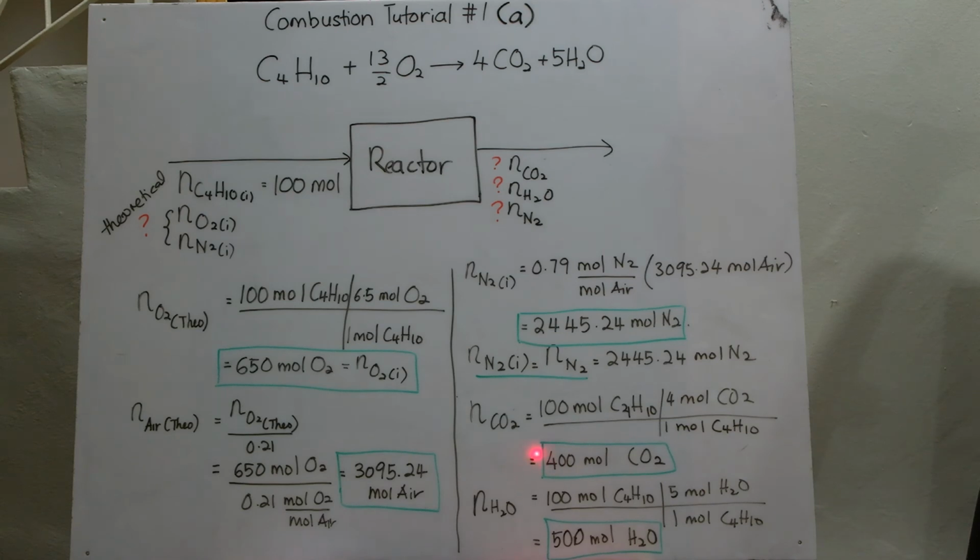So we get the amount of CO2 being produced, 400 mole CO2, because of 100% conversion of butane. For water, we use 100 mole of butane times the stoichiometric ratio of water to butane, then we obtain 500 mole of H2O.